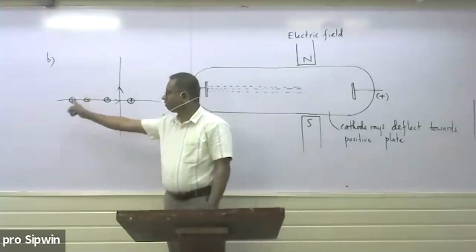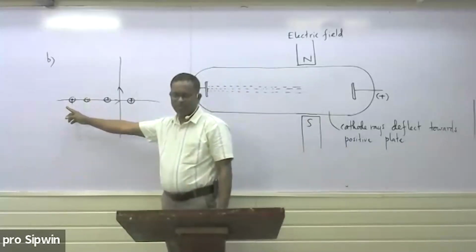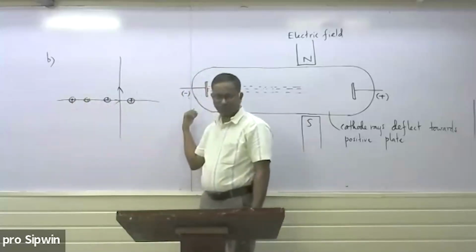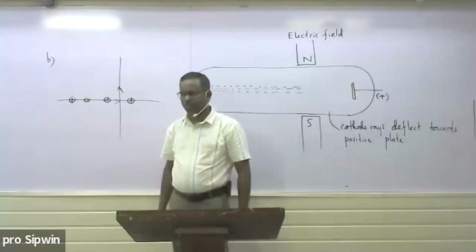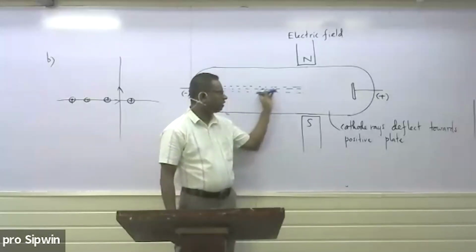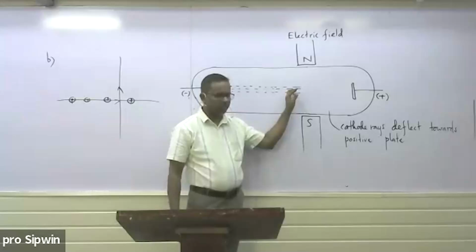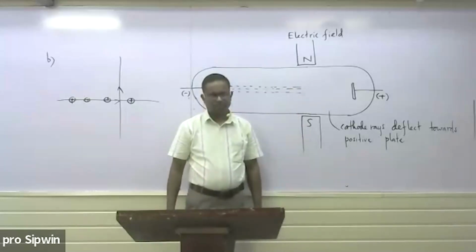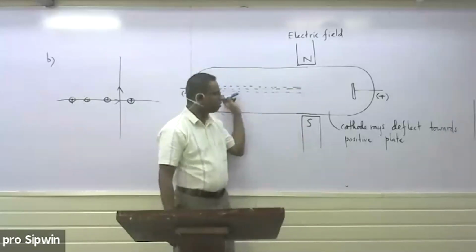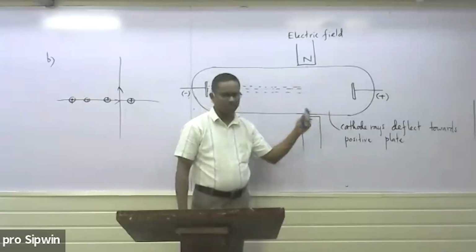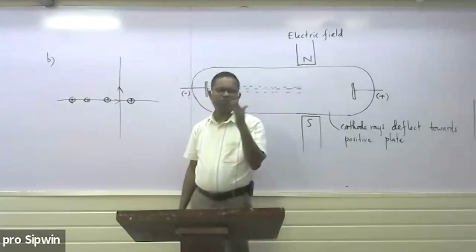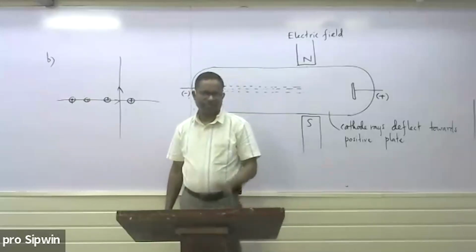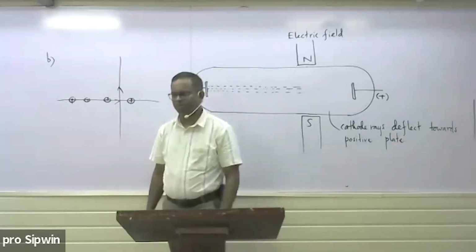If the current is in this direction, which way is the force? So the direction of the force changes. Because of that, they may deflect to the outside, if not, may deflect to the inside. But that deflection is perpendicular to the magnetic field. It won't confirm these are negative particles.